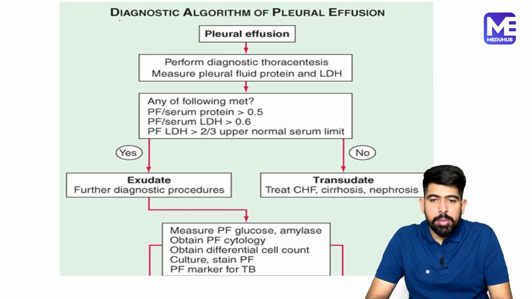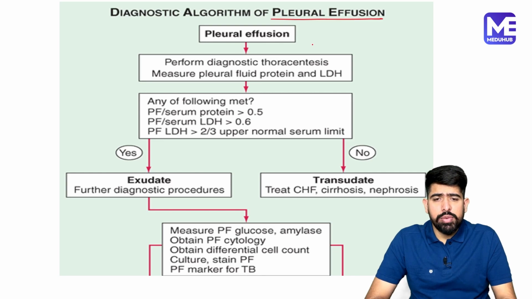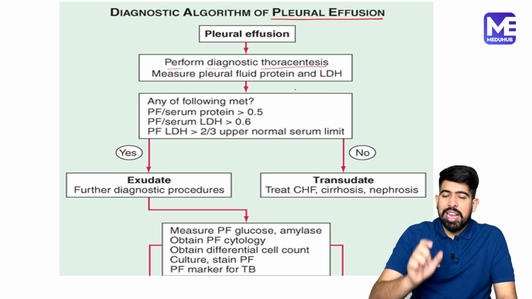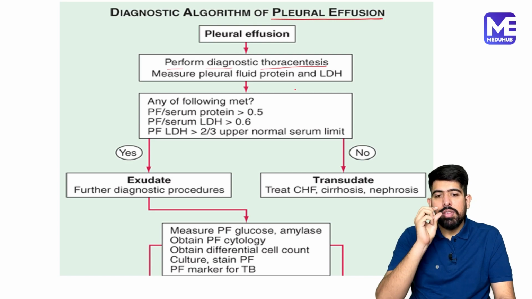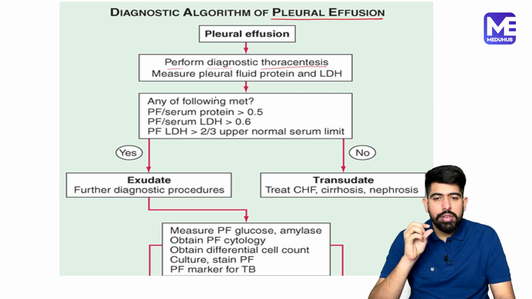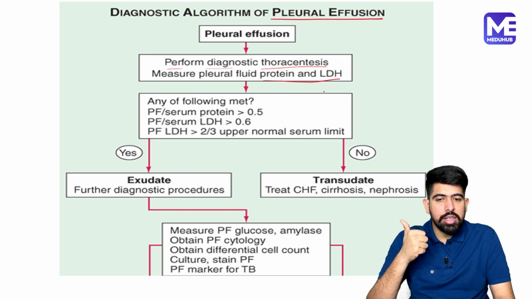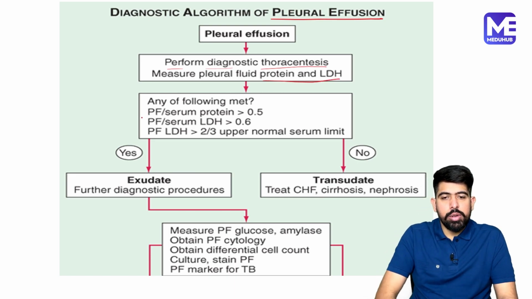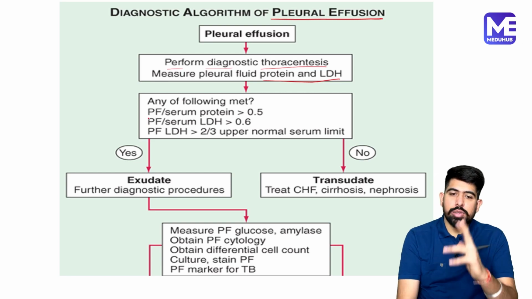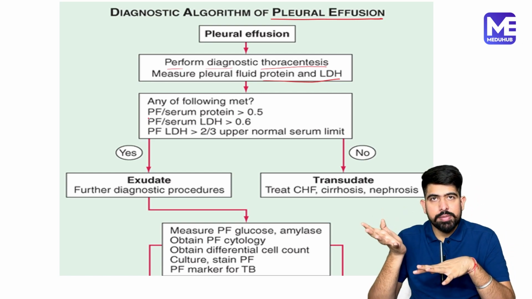So please remember the diagnostic algorithm of the pleural effusion. In the diagnostic criteria of pleural effusion, what we have to do is first identify the pleural effusion. After this, we have to perform the diagnostic thoracocentesis. We take a small amount of the pleural fluid and measure the protein and the LDH, as I already told you, and it will suggest whether it is transudative or exudative.